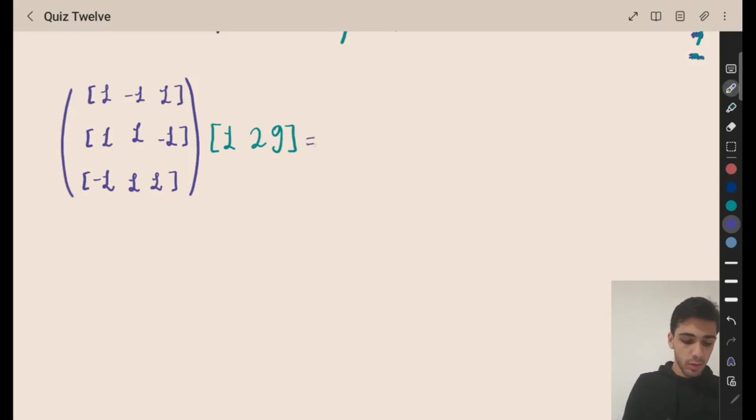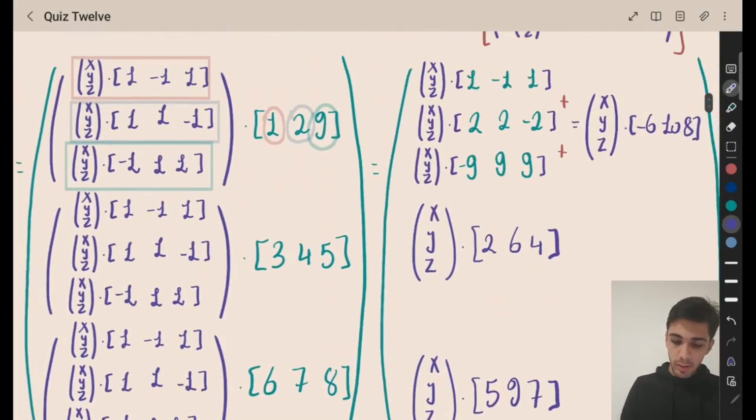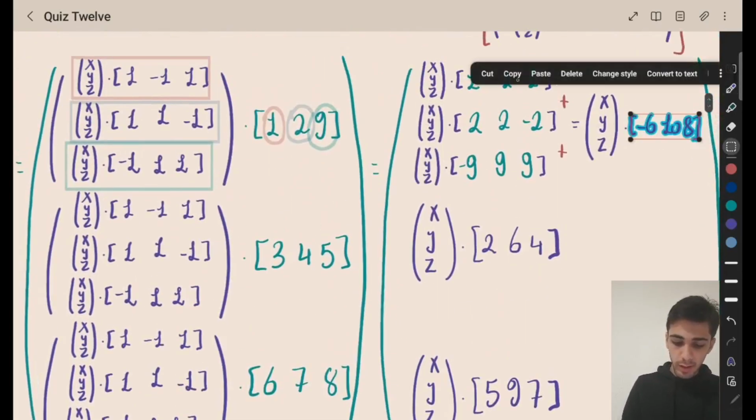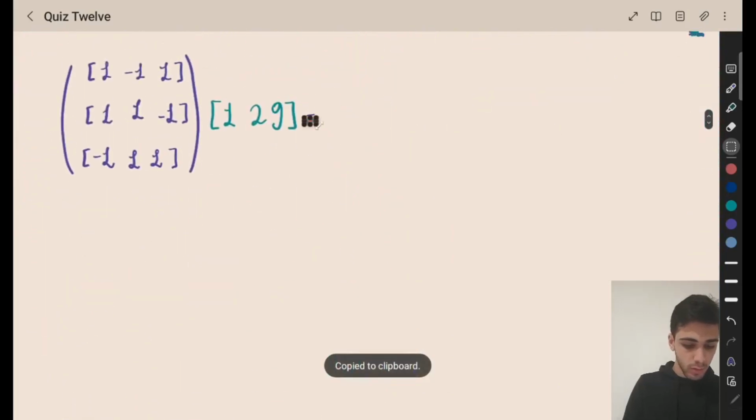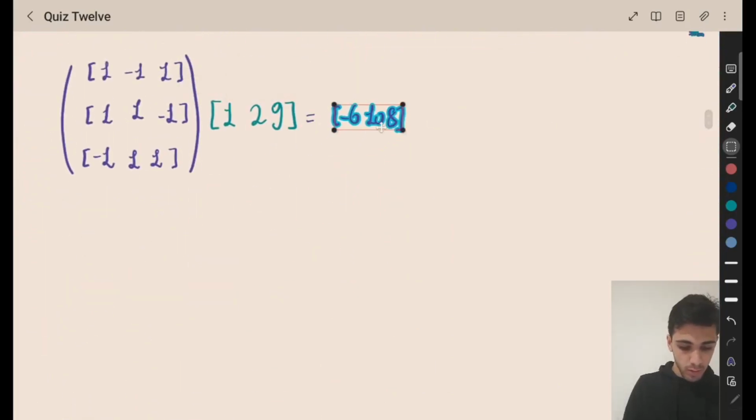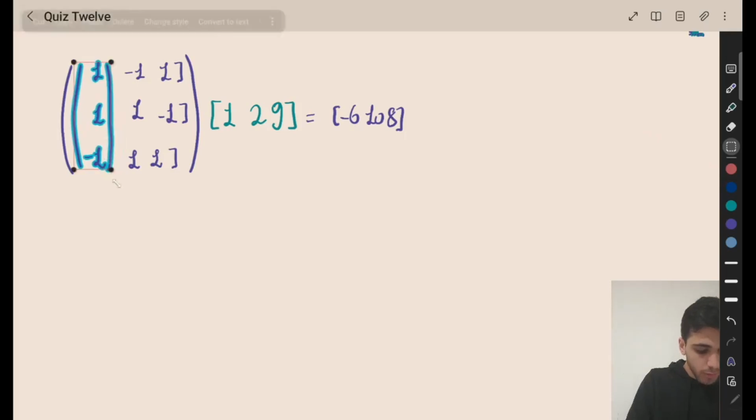We know that this has already given us minus 6, 10, and 8. And we know that we should proceed by applying this vector not to each one of these scalars, but in this case we should consider this vector format of the matrix.